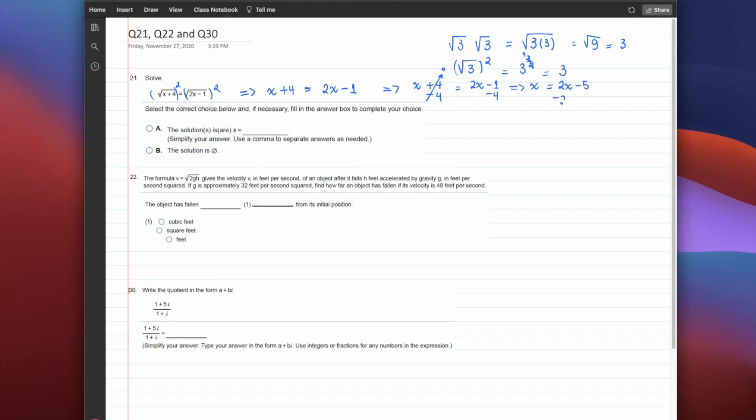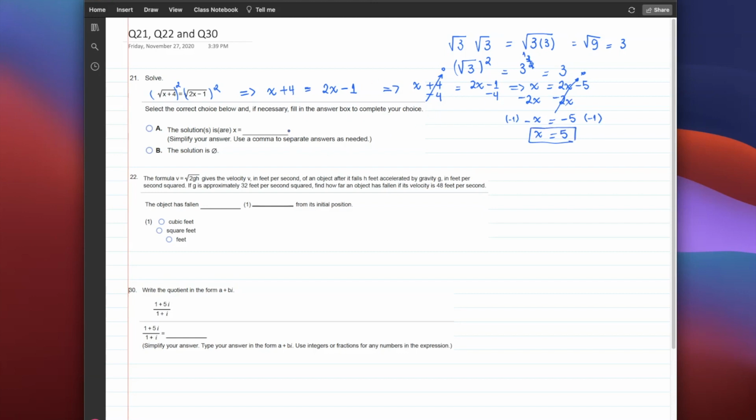Now I add the opposite of 2x on both sides to get rid of x on the right side. Now I have negative x equal negative 5. Multiply both sides by negative 1 to make x positive, and then I know that x is 5.